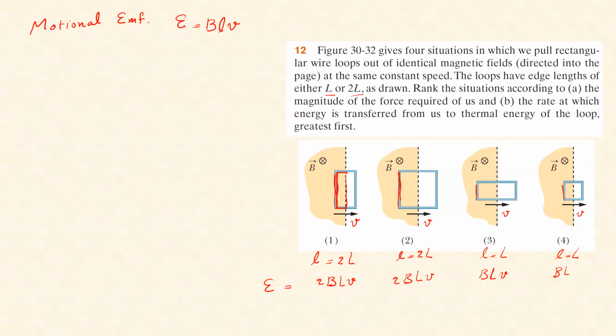Okay, which one, how much current is produced? What dictates the current? So the current, I is equal to what? EMF that's produced divided by the resistance, right?